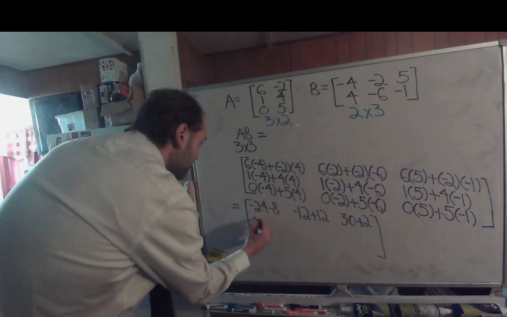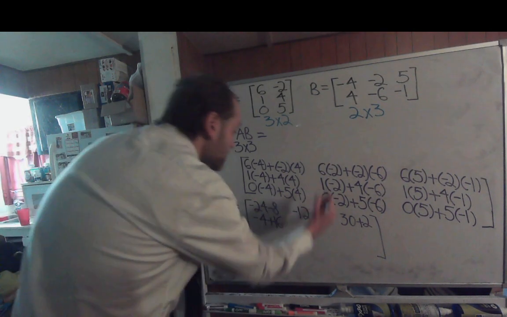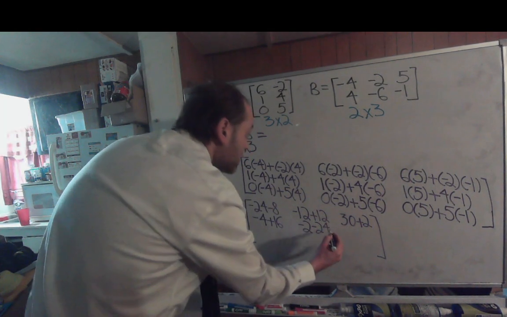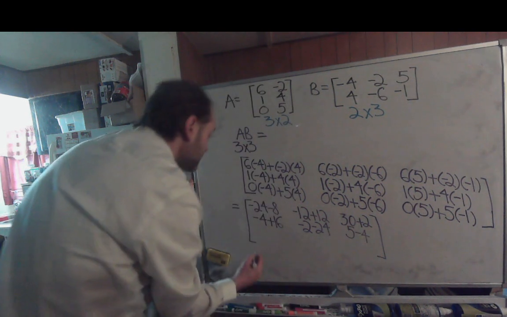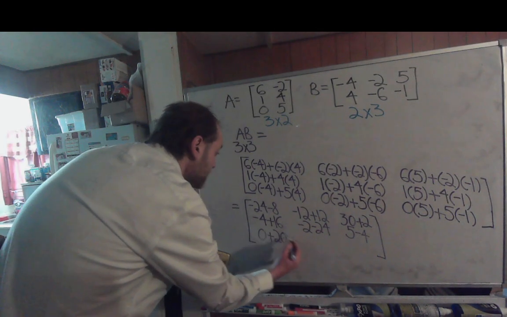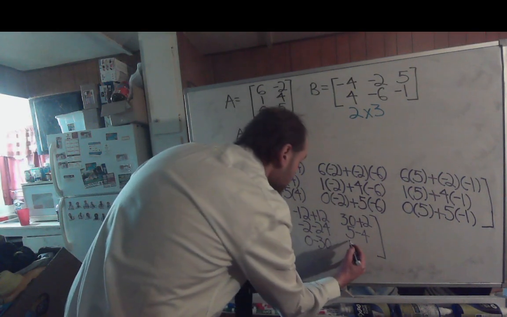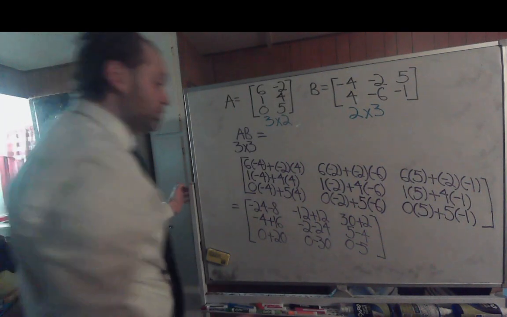Then you would have -4 plus 16, -2 minus 24, 5 minus 4, 0 plus 20, 0 minus 30, and then 0 minus 5. Yeah, that's a big one.